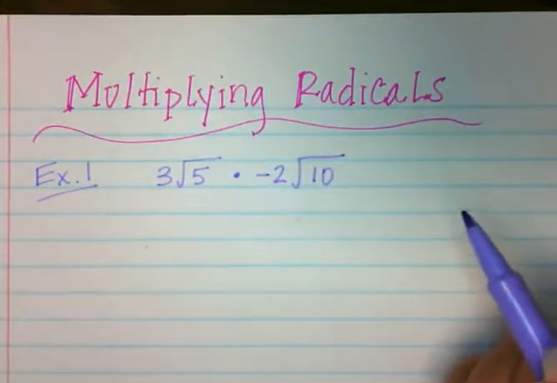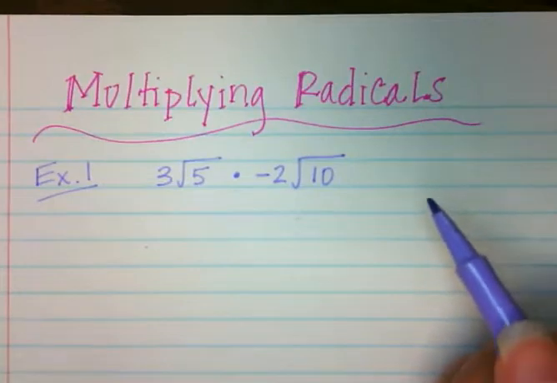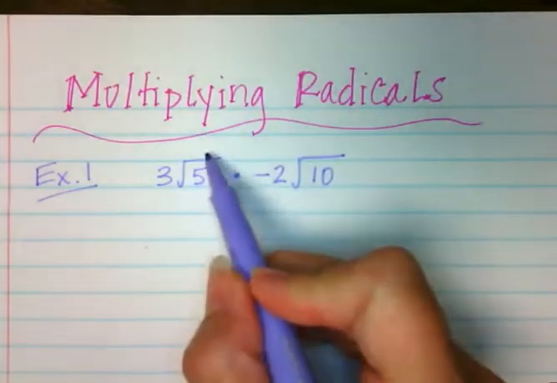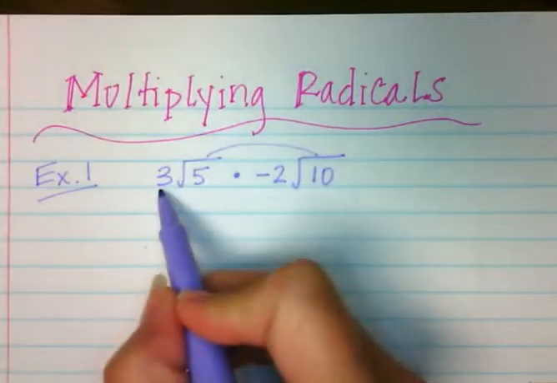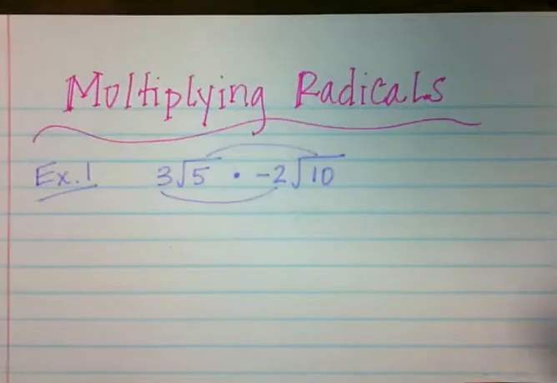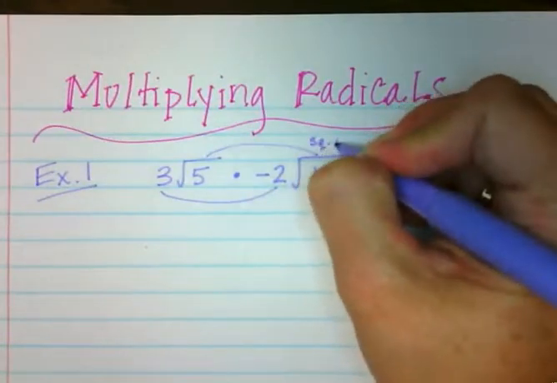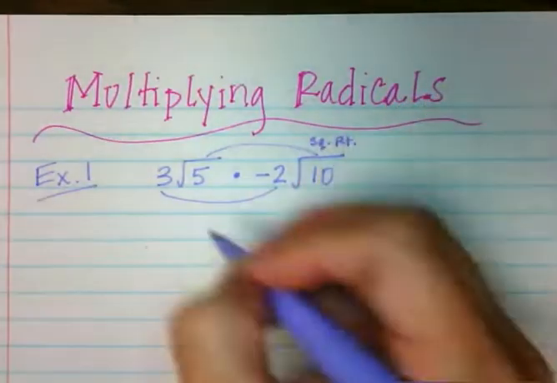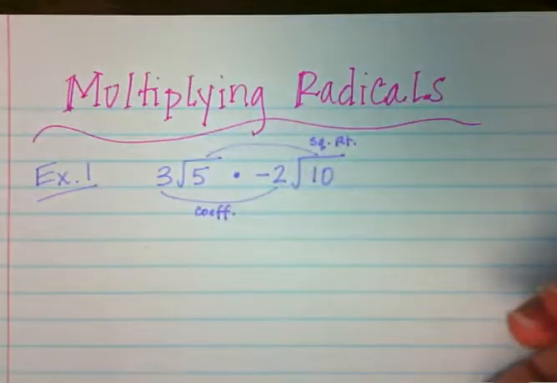Basically, what you need to remember is that you can only multiply the things that are the same kind, meaning that square roots can multiply with square roots, and coefficients can multiply with coefficients. So we can multiply the square roots together, and we can multiply the coefficients together.